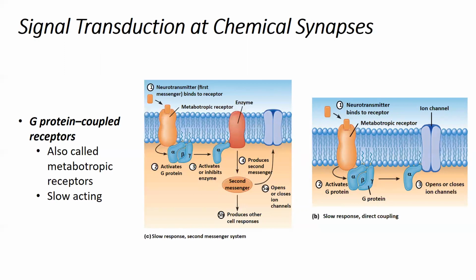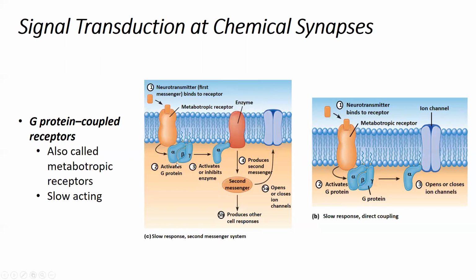This is a much slower process, simply because we have quite a few different structures to pass this signal to. So the first option here is that a neurotransmitter binds to this metabotropic receptor, again, which is the slow version of this response, and it's coupled to another protein. You can think of this protein as being one of the middlemen or a messenger in this system.